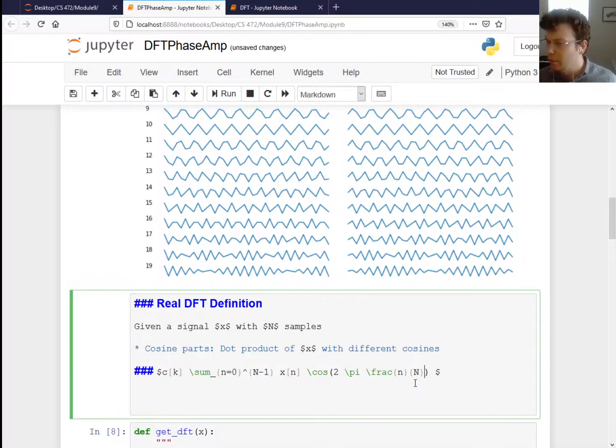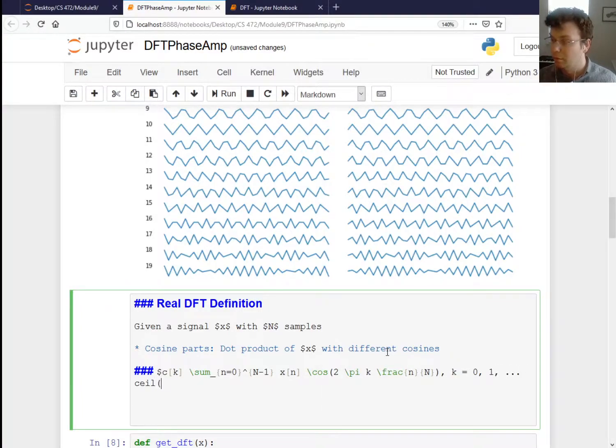And then we also need to multiply by the frequency that we have here. So the frequency that we have is k. Okay. And so we do this from k equals 0 up to, no, sorry, the ceiling of n over 2 here.